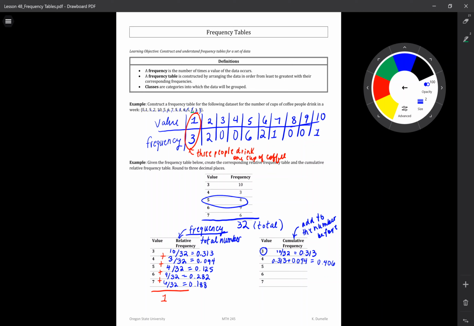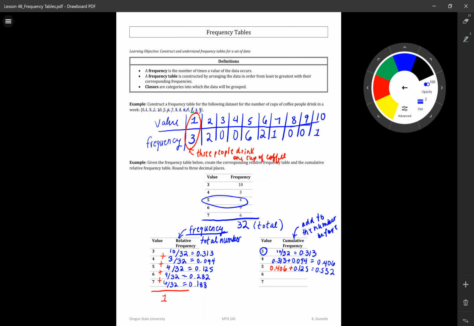For 5, I take this number here, 0.406, and I add to it the relative frequency for 5, which was 0.125, and that is equal to 0.532. That means so far 53.2% of the data is accounted for.